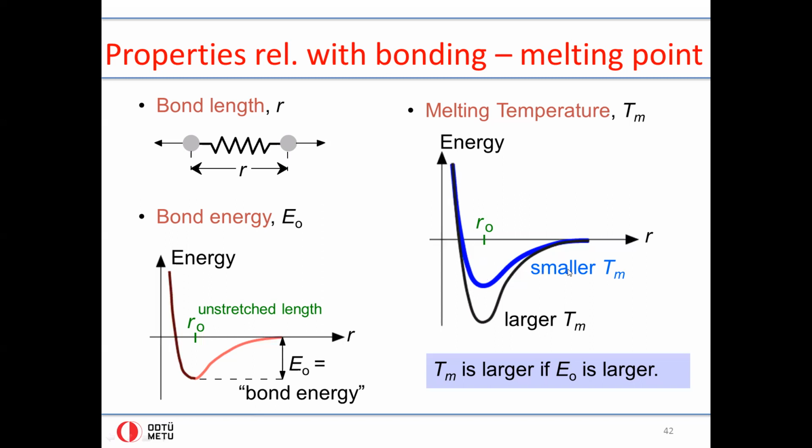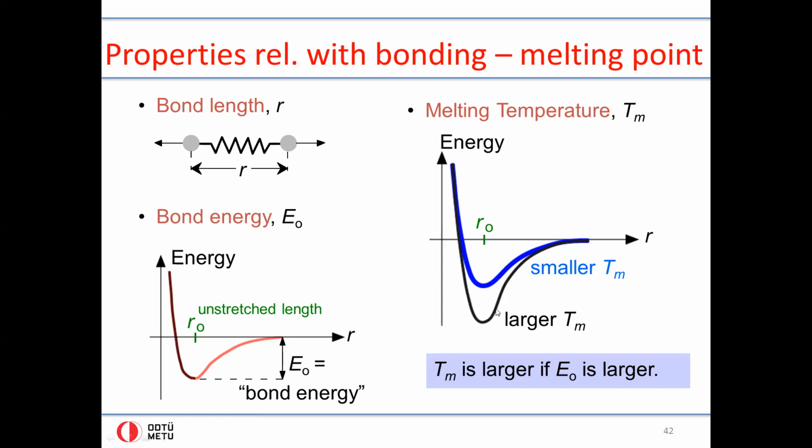Hence, the blue material is said to have a smaller melting point because it has a different type of energy versus R relationship, which is related to the type of bond it has. So you could imagine that this is a weaker bond without knowing anything else about the material or the example at hand. And the black curve represents a stronger bond.